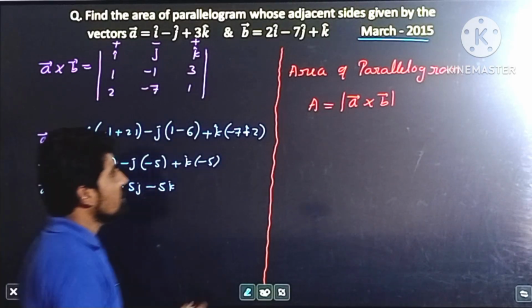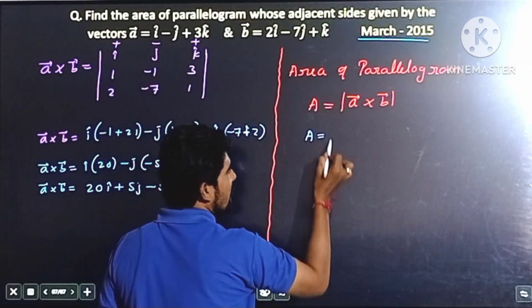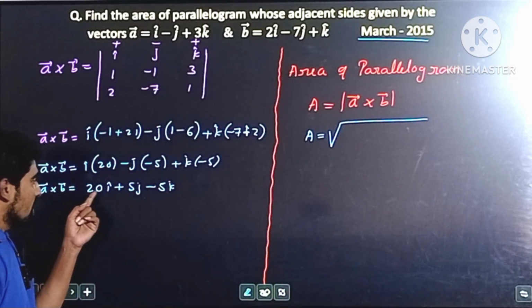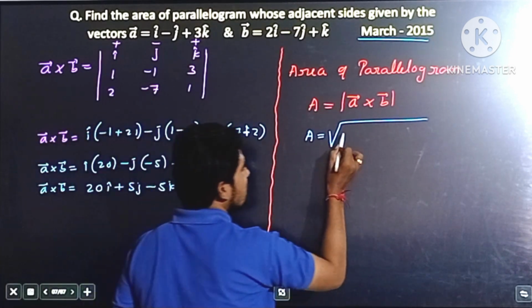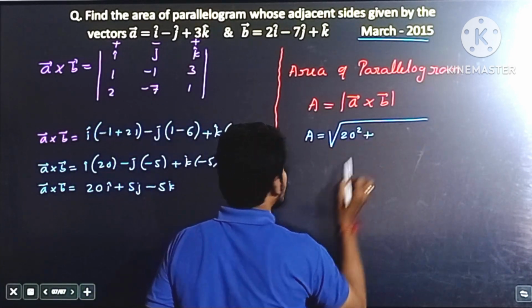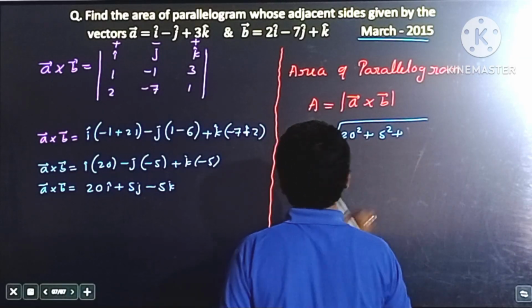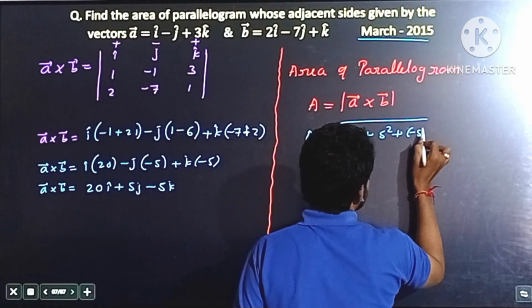Now we need the magnitude of A vector cross B vector, that is, area equals the square root of the square of the coefficient of i, that is 20 square, plus the square of the coefficient of j, that is 5 square, plus the square of the coefficient of k, that is minus 5 square.